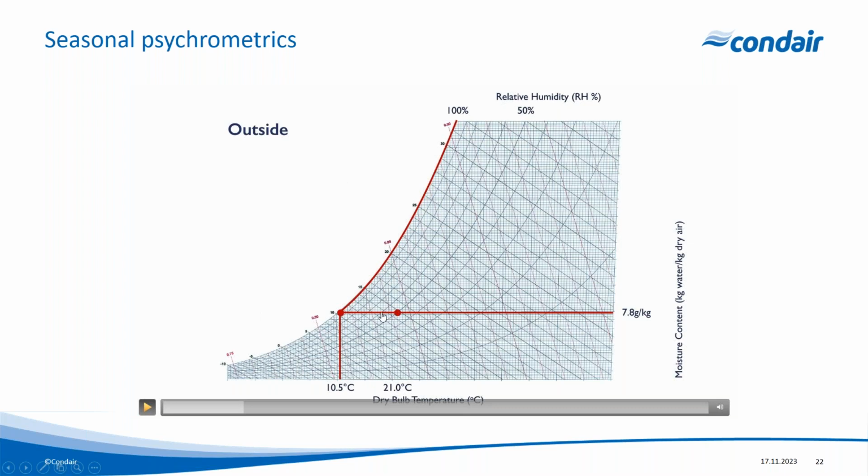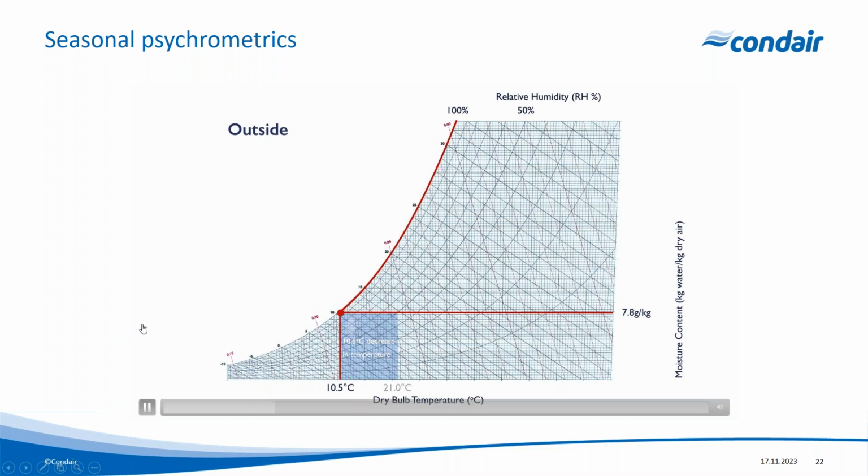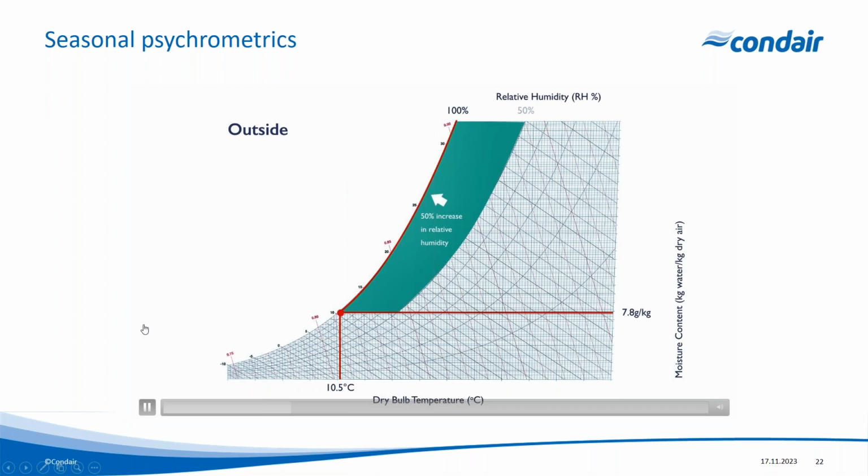There's 50, 60, 70, 80, and so on. But the moisture content remains the same until I get to saturation point. So here I've decreased the temperature by 10.5 degrees and increased the relative humidity by 50%.